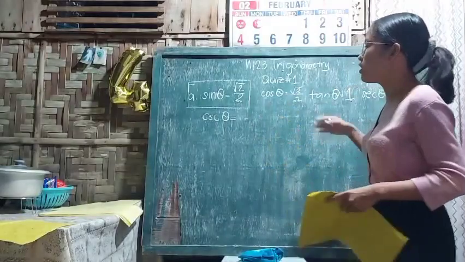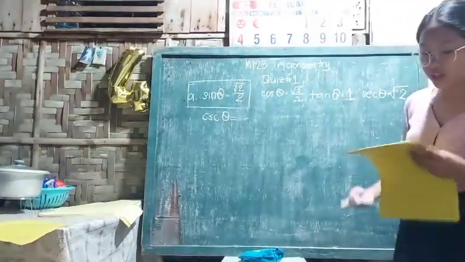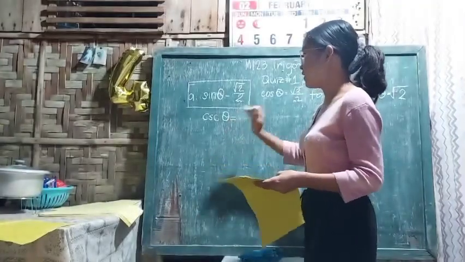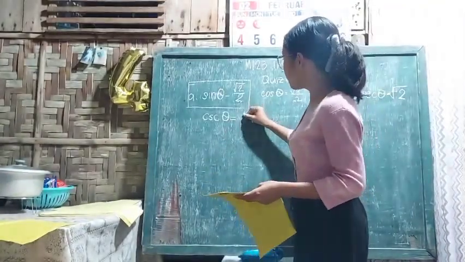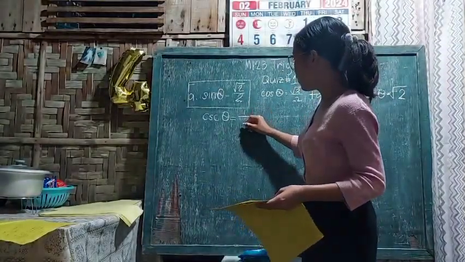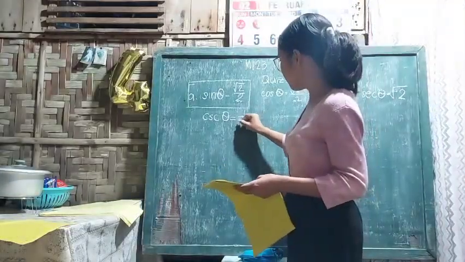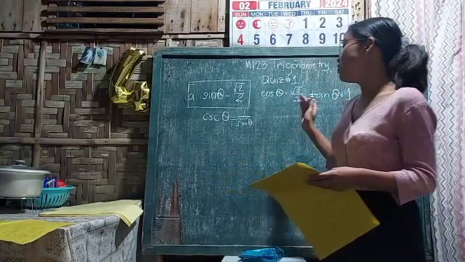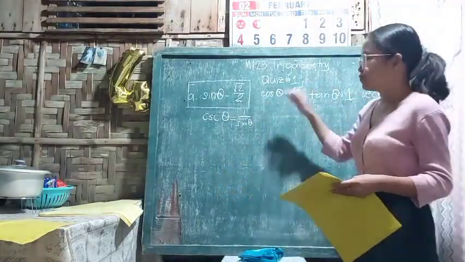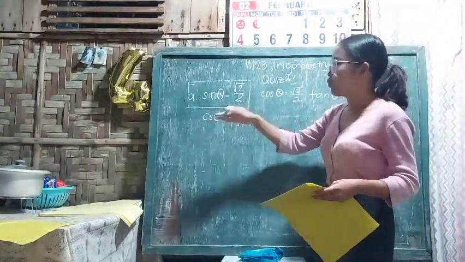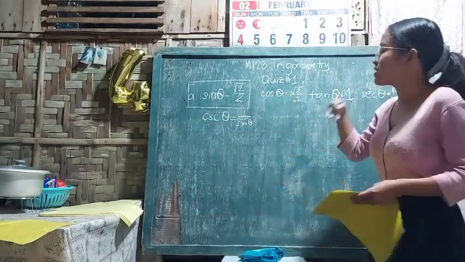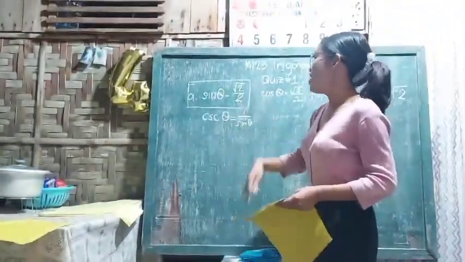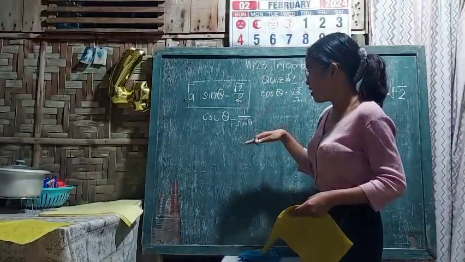To look for the cosecant theta, we are going to use the reciprocal identity, which is cosecant theta is equal to 1 over sine theta. So let's remember that. As I said earlier, cosecant is the reciprocal of the sine.